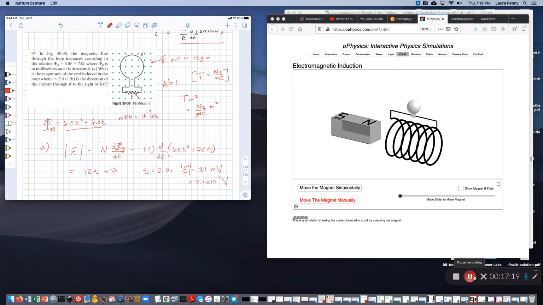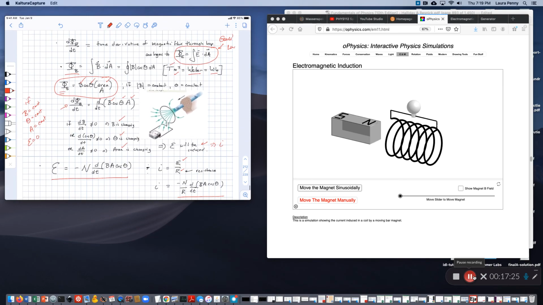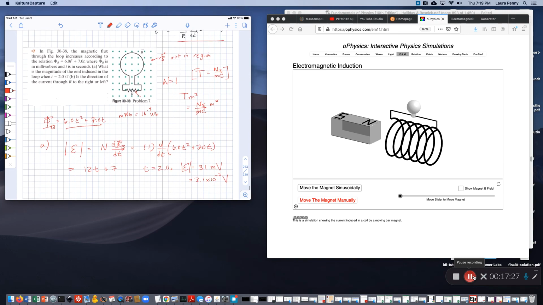Oh, and I'm missing a second somewhere. So then here I have a Newton meter per coulomb times a second.